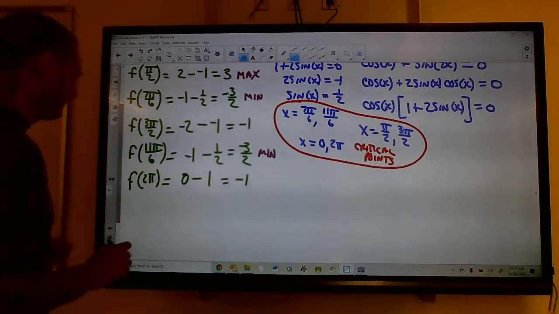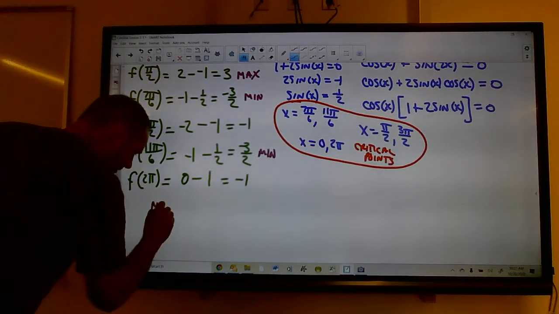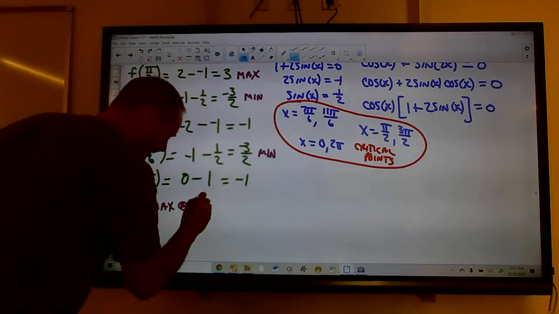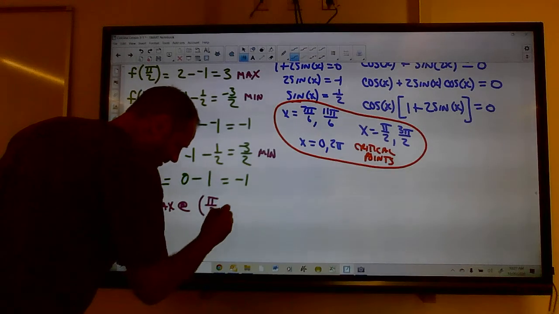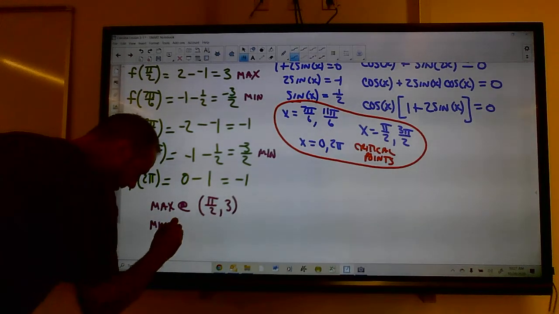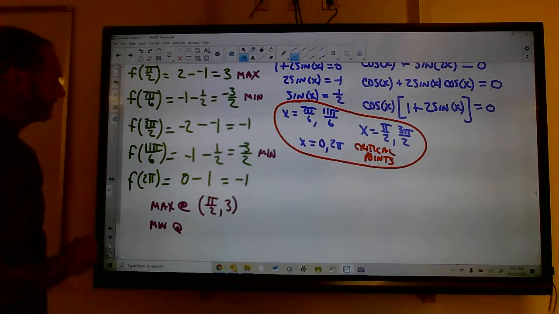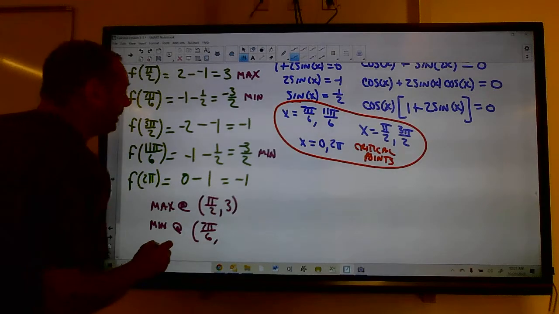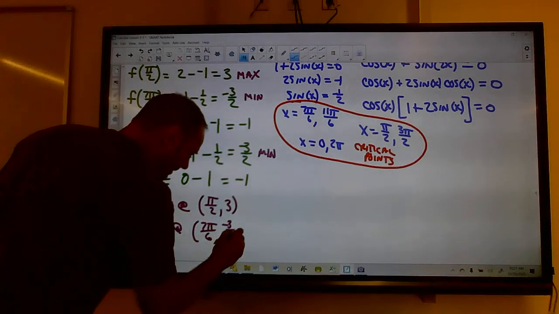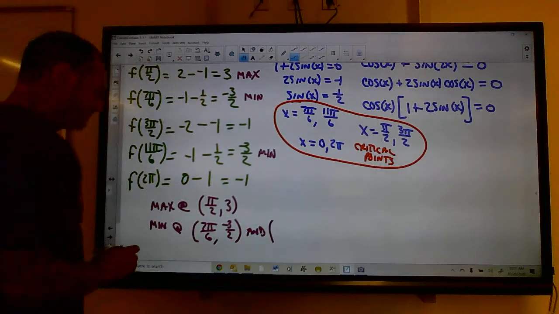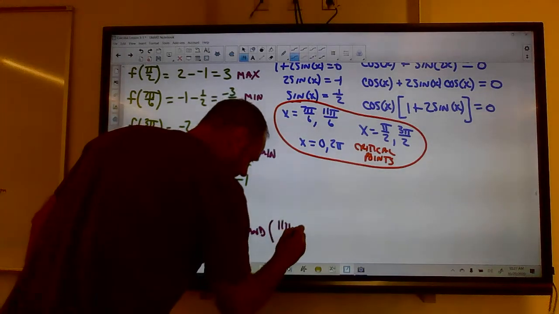Okay, so I have a max at pi over 2, 3. And I have mins at 7 pi over 6, negative 3/2, and at 11 pi over 6, negative 3/2.